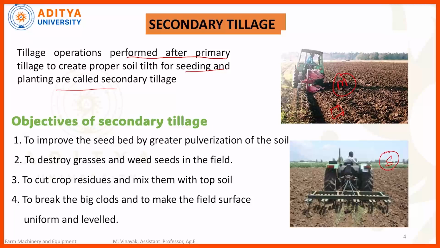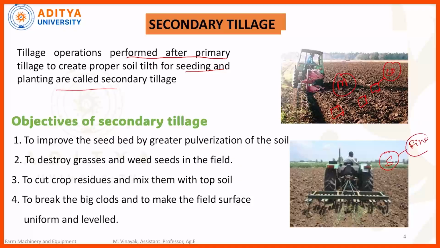A large number of clods can be produced from the land below the earth surface during the process of primary tillage. These clods should be pulverized into a very fine tilth. These are the core structure of the soil, and we need to convert it into a fine texture of the soil.